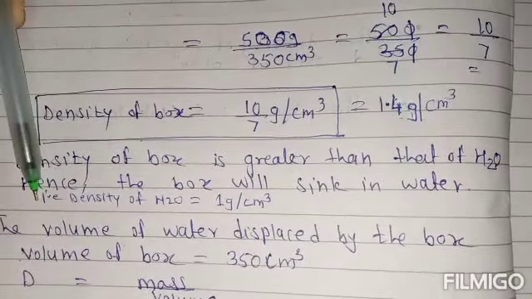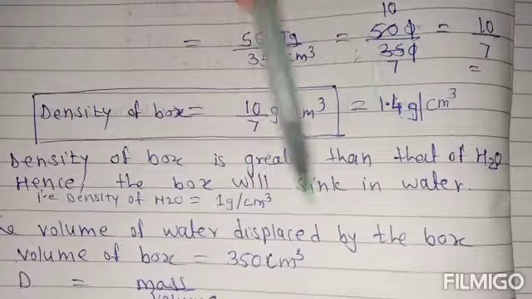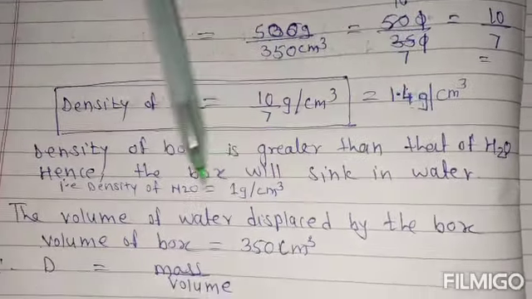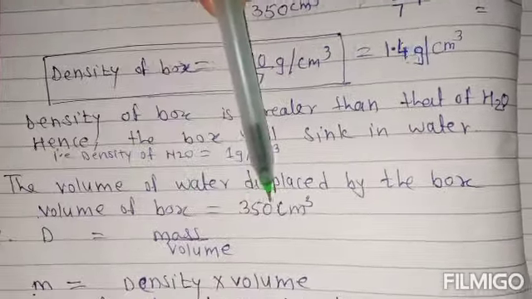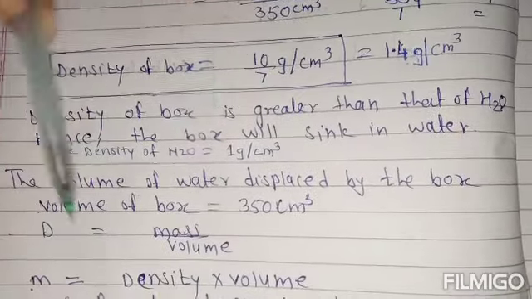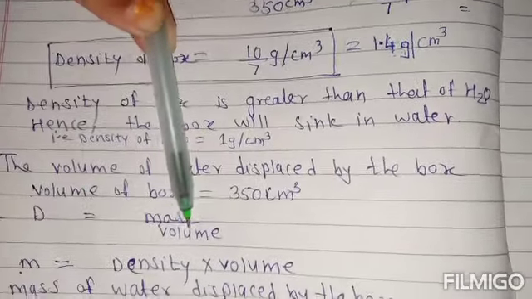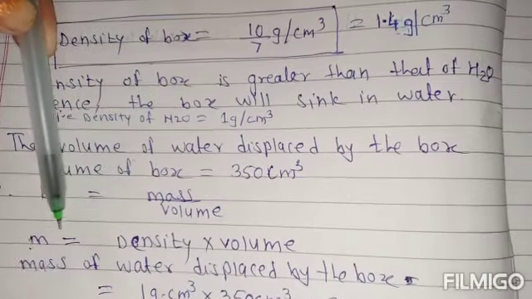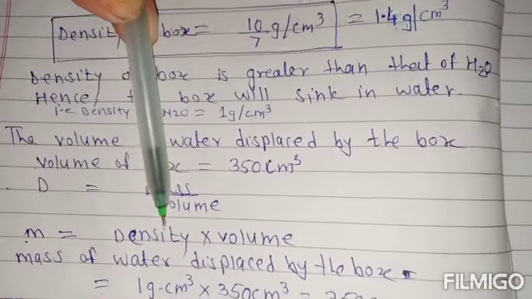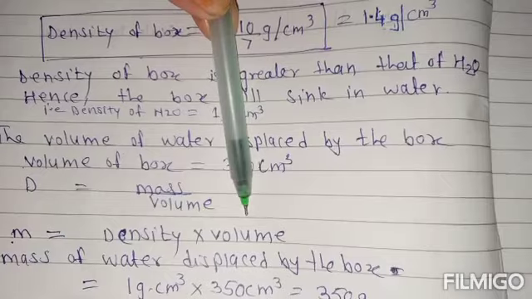Now we will see about volume. The volume of water displaced by the box, that is volume of box, is equal to 350 cubic centimeter. So density is equal to mass upon volume. Now we have to find mass. Mass is equal to density into volume.